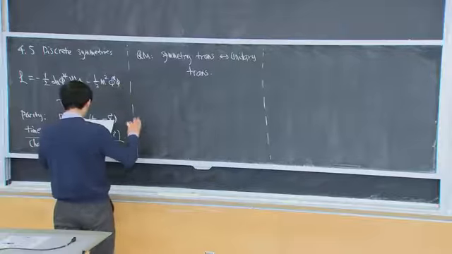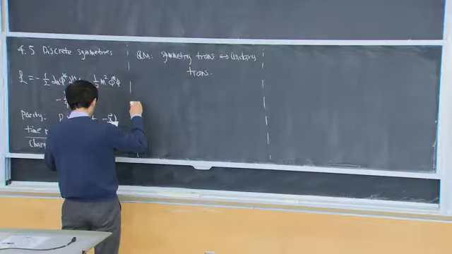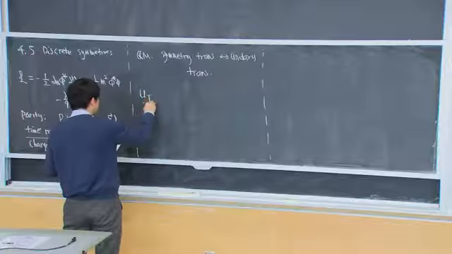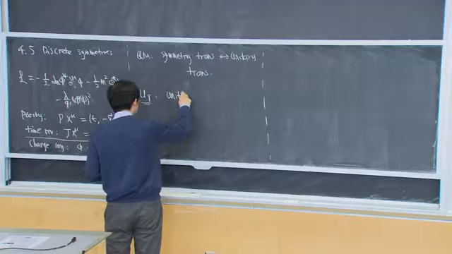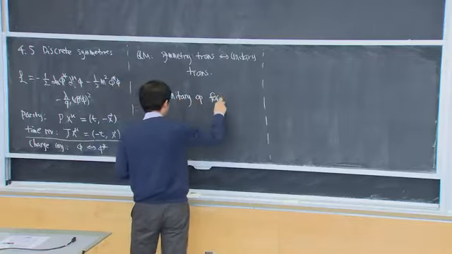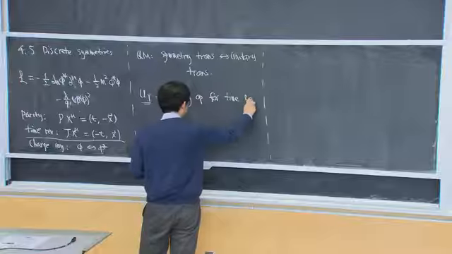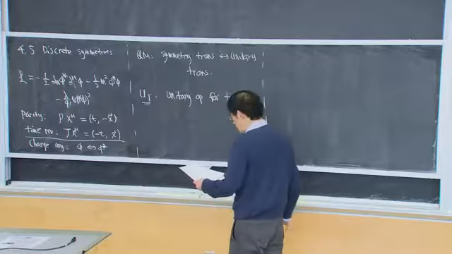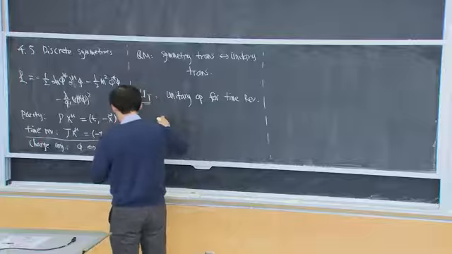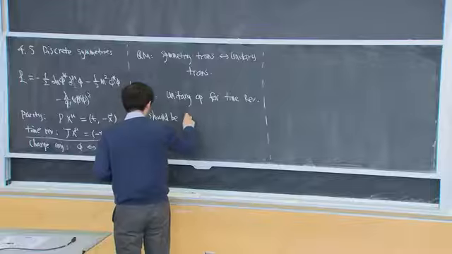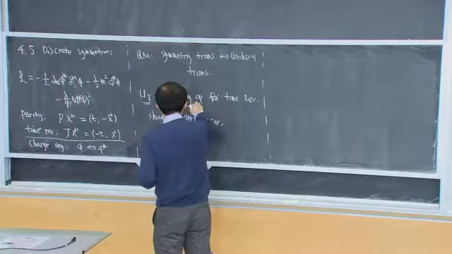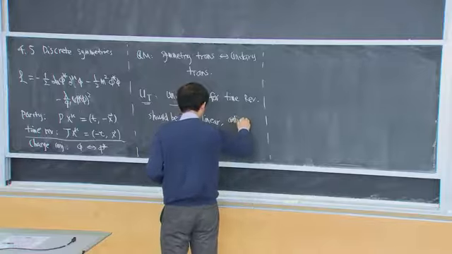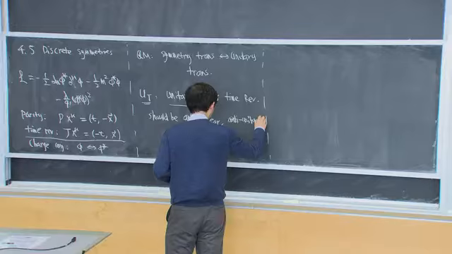Let's denote U_T as the operator for time reversal. The claim is that this should be antilinear. It's not an ordinary unitary, it's called anti-unitary.